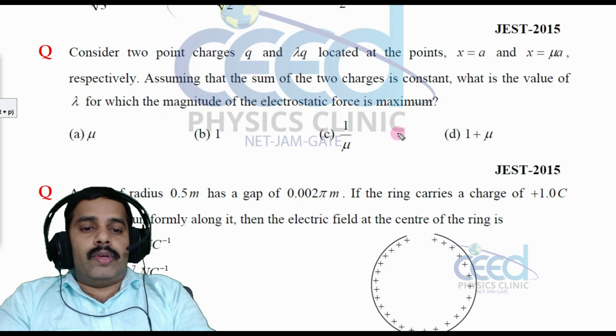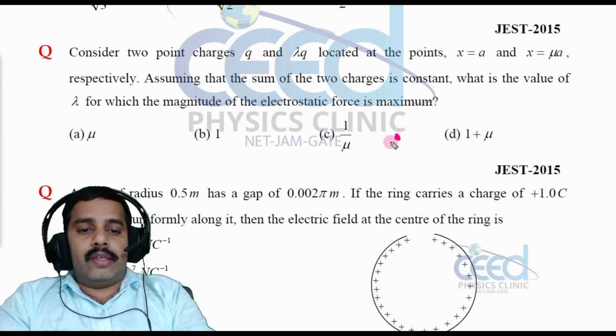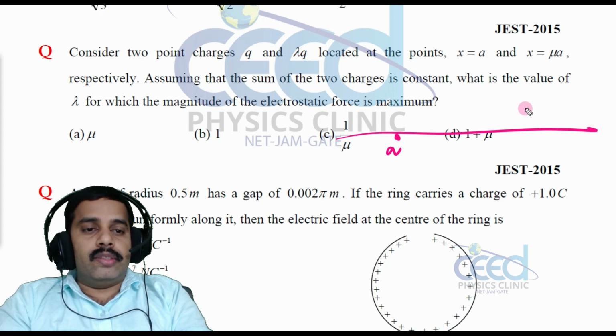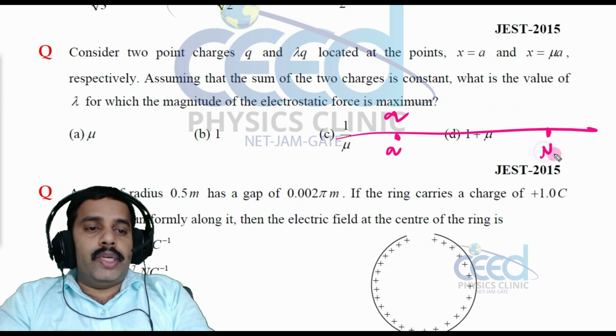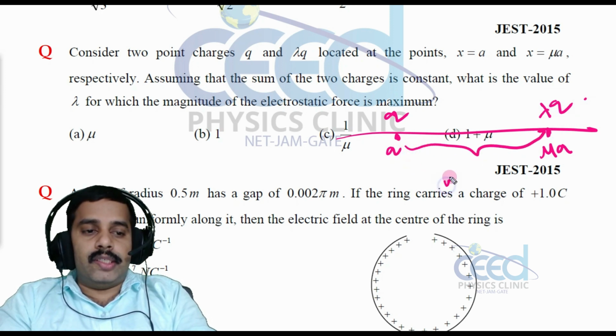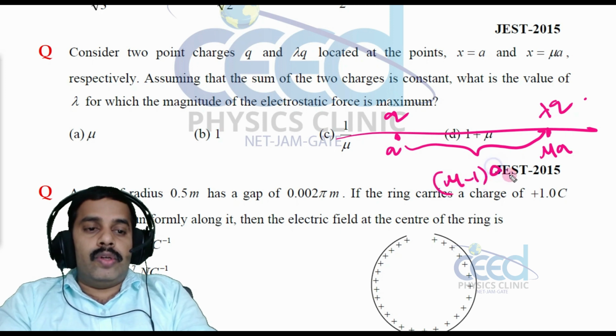So one charge at x is equal to a, on the x-axis, we have a charge q, and at x is equal to mu a we have another charge lambda q. Then what is the distance of separation? That is mu a minus a, that is mu minus 1 into a, right?